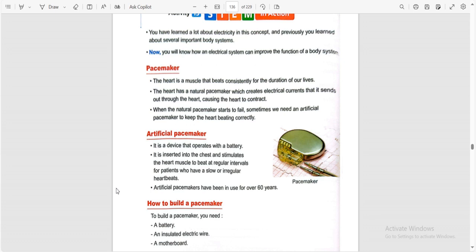And the heart has a natural pacemaker. What's a pacemaker? A regulator that makes it beat in a regular way, sending blood all over the body. But sometimes this natural pacemaker starts to fail and you don't beat regularly anymore. And this is of course a problem.